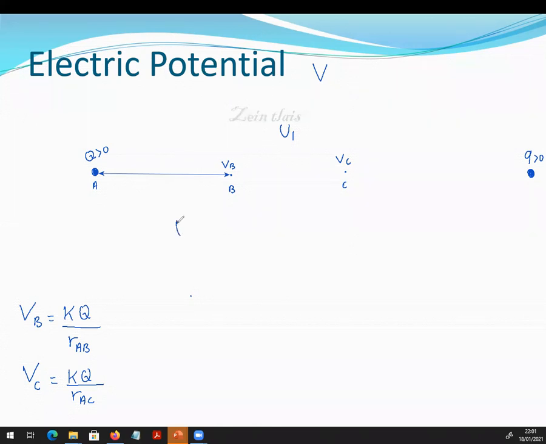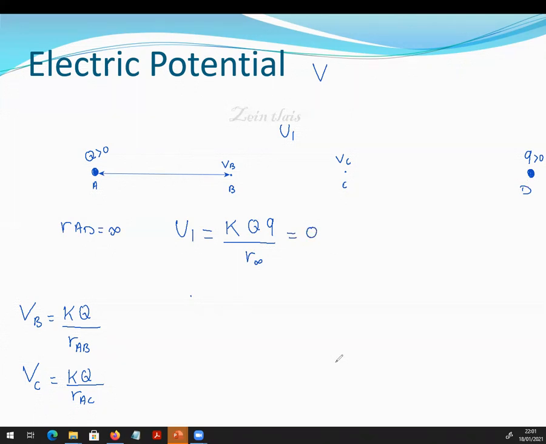And you know, U1 equals K Q times q divided by the distance between. The distance between A and D, R AD, equals infinity. So here we get zero value.